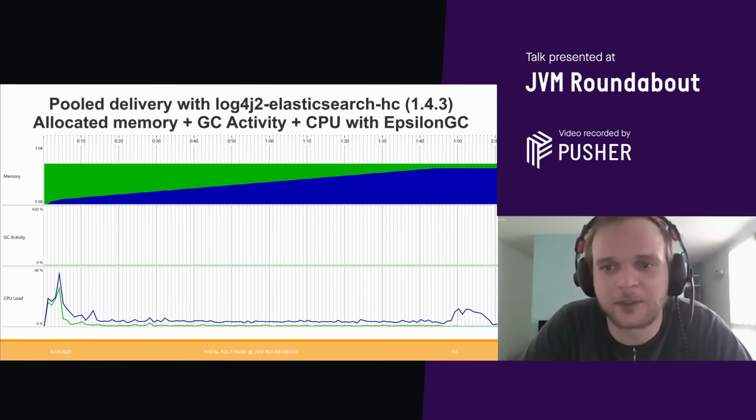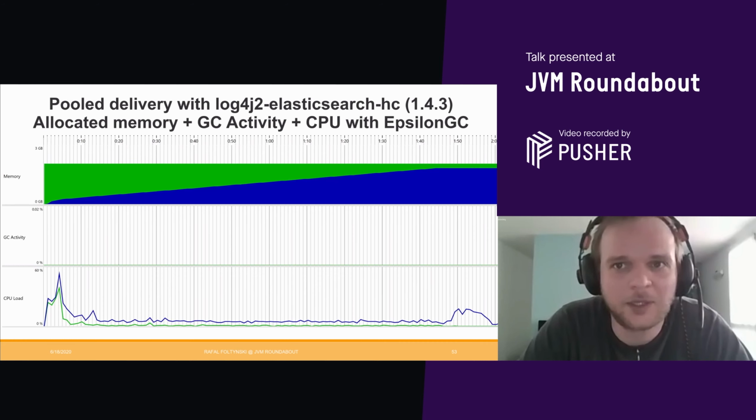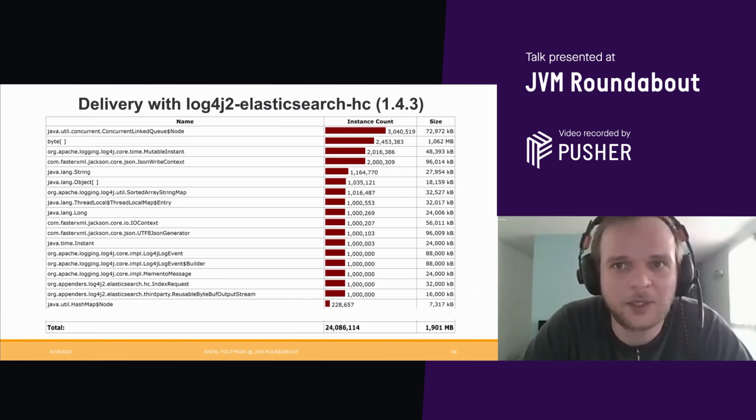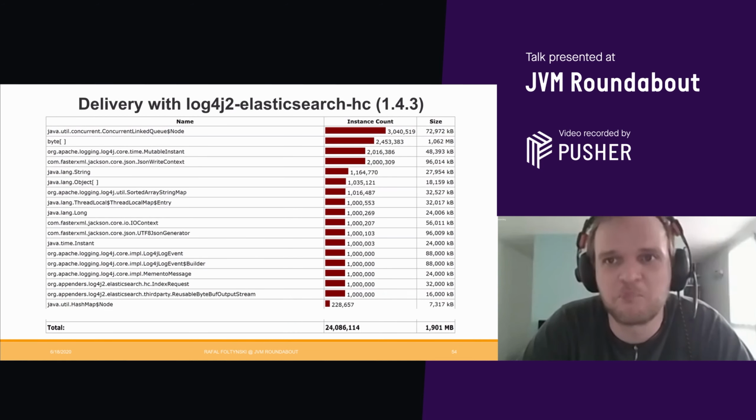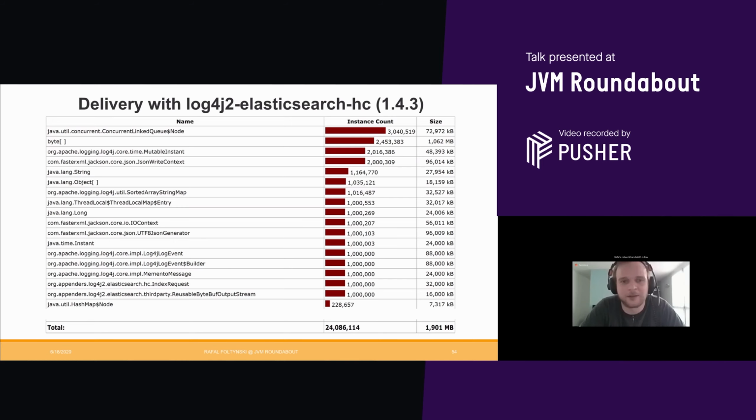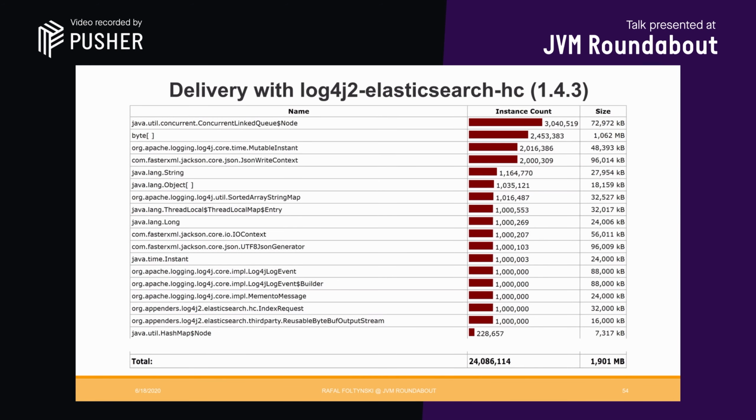There is a very small amount of noise over there, and I can finally see most of the objects that I've created during the delivering of 1 million logs. You can see a lot of positions here, a lot of objects created with amounts of exactly 1 million objects, and some of them have a bit higher number.